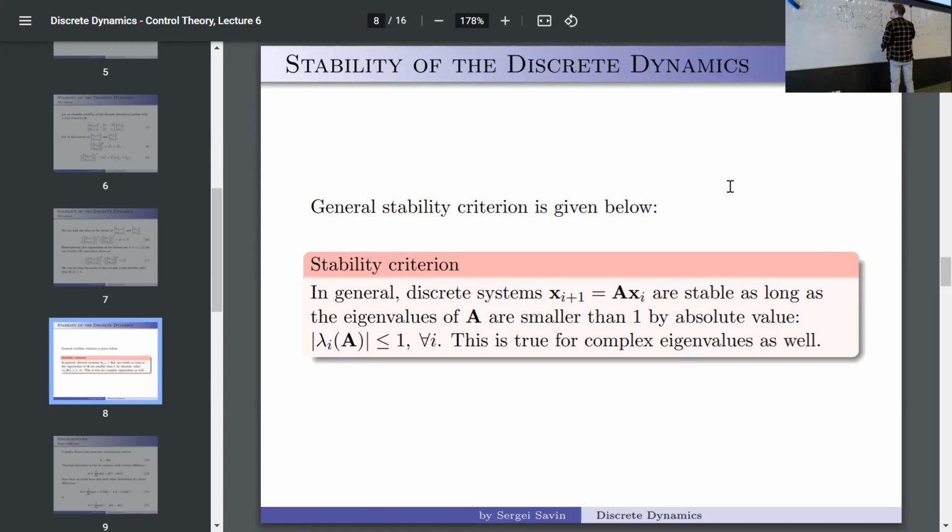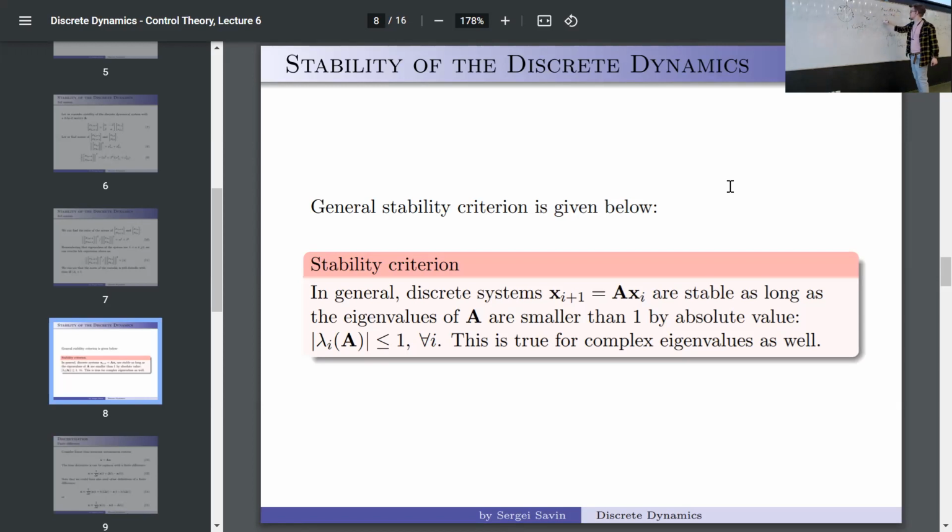Let me remind you. So, let's just treat it for a second. You have this system, right? x sub i plus 1 equals A x i plus B u i. You say u i is equal to minus K x i.